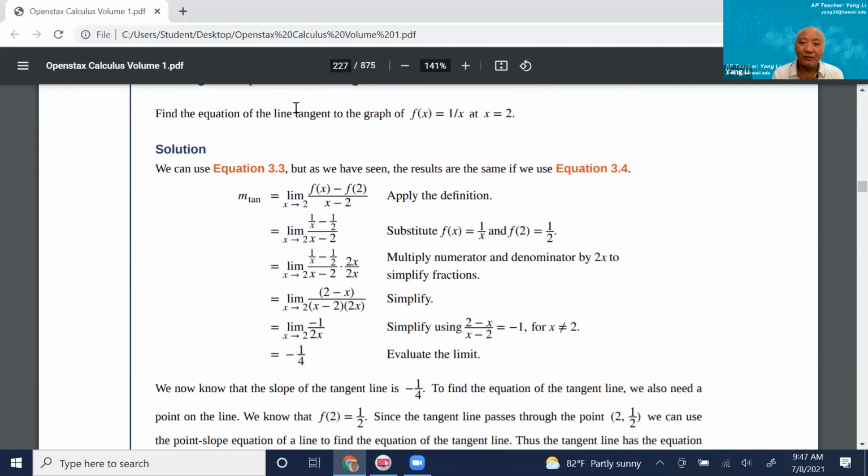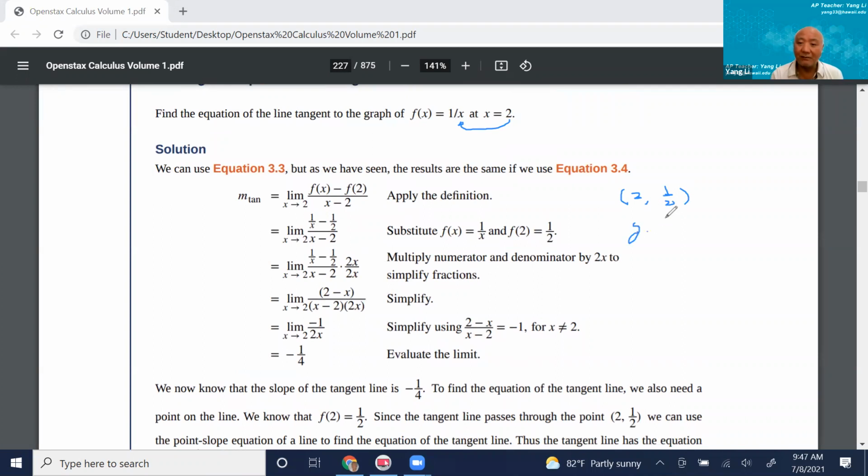So we can find the point now. The point x equals 2, but y is what? You just plug in the 2 to here, so you get 1/2. So that's the point.